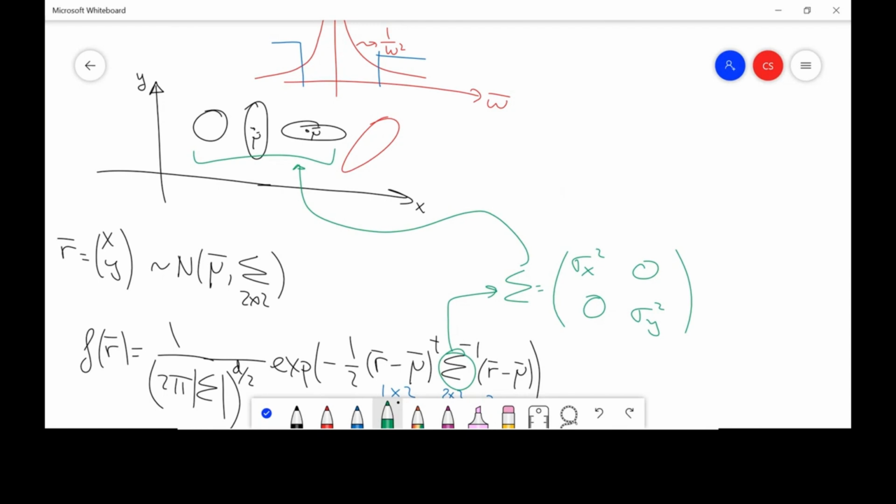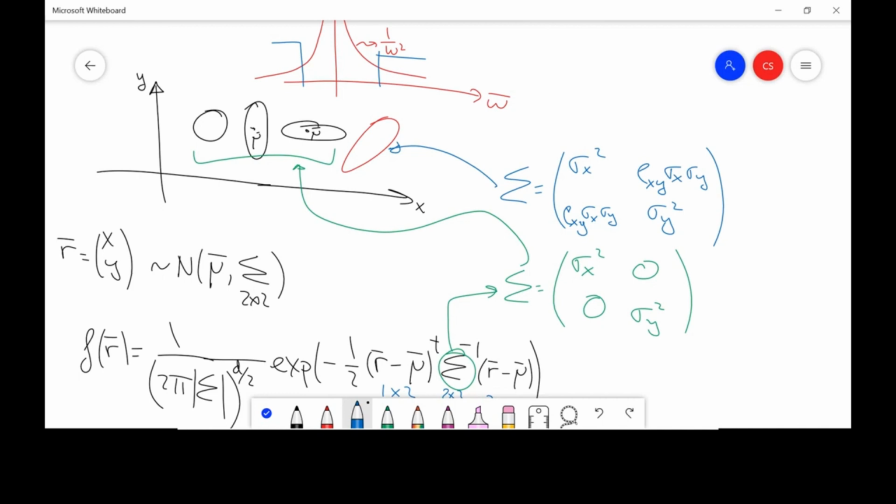The something else that you need is a sigma that allows having correlation. So this will remain the same, and then you have the correlation between x and y. This is the one that gives you this kind of representation.